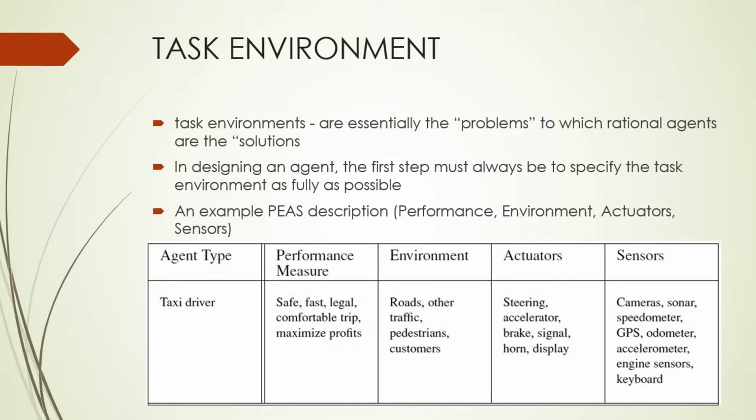That is what we want to solve, or the places where the agent is needed. So in designing an agent, be it a software agent or a robot, the first step must always be to specify the task environment as fully as possible.